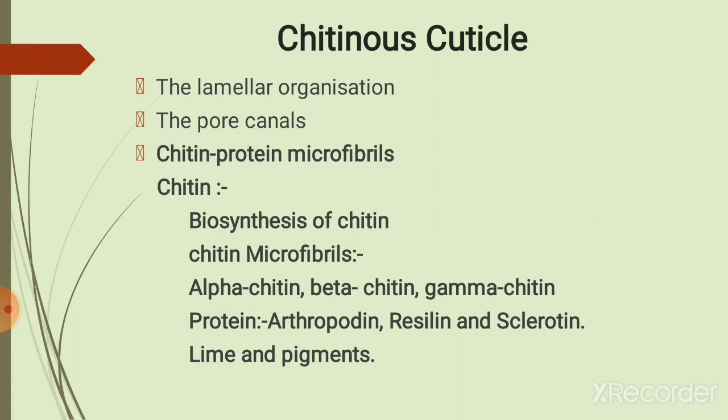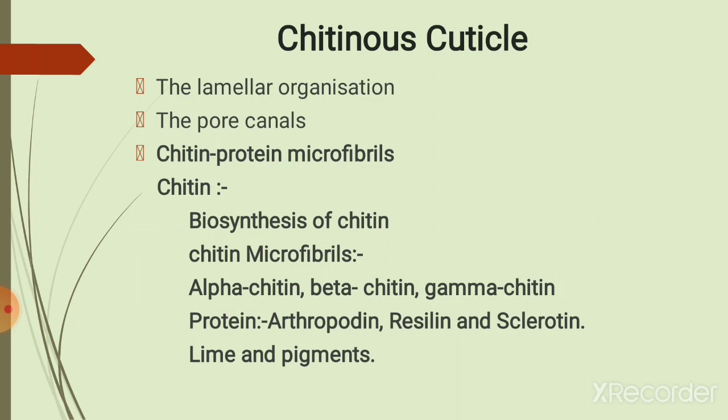The next important topic is the chitinous cuticle. The chitin microfibrils range from 25 to 30 in diameter. They are present in the cuticle in crystalline form.